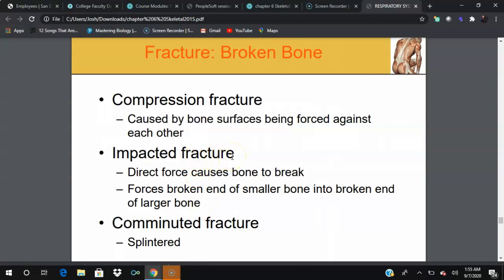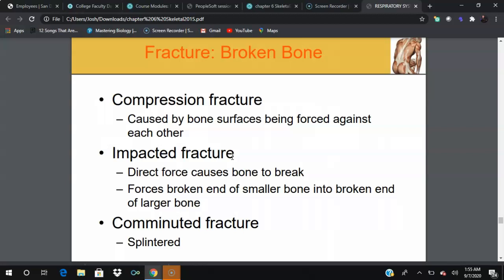So something maybe like in your lower leg, something from the side, if you were to break your fibula on the outside of your right leg, and then that pressure then breaks the tibia, that would be an impacted fracture. And then a comminuted fracture is actually splintered or has different pieces.